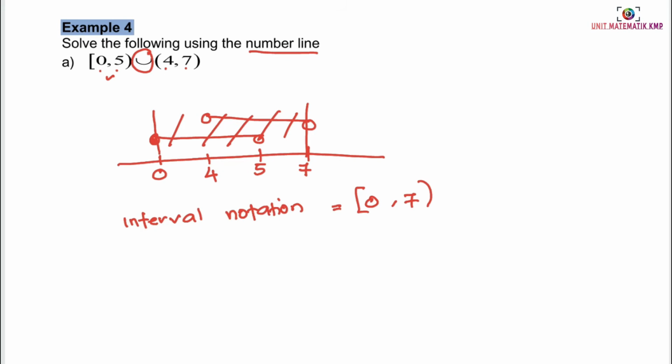Second method, solution set. So equals the set of x where x is greater than or equal to 0 and less than 7.